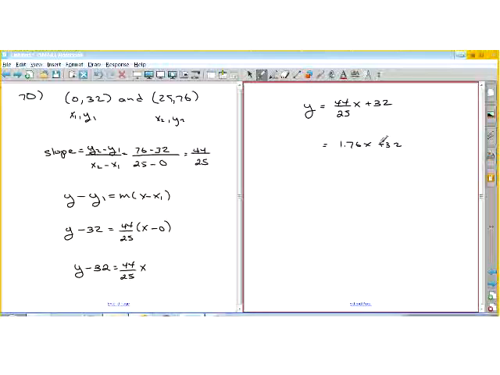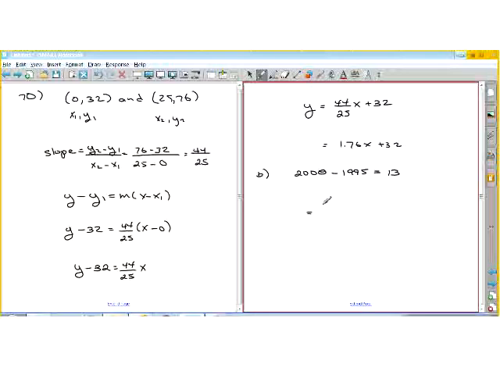Okay, part B says using the equation from part A to estimate the amount of nuclear waste in 2008. We wouldn't stick 2008 in there because we used 0 and 25. So we have to figure out what 2008 is relative to the first date, which is 1995. 1995 corresponded with 0. So that's 13. So we're going to use 13, which you can see is between 0 and 25.